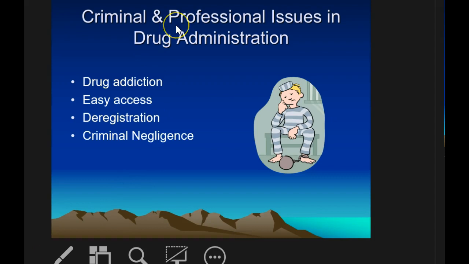And of course, criminal and professional issues in relation to drug administration. Unfortunately, health professionals can and do have personal drug addiction problems, and I've linked you to a couple of examples in the module. There's lots and lots of examples from the tribunals in the hearings that we've heard, a lot of cases of professional misconduct, misappropriation of drugs.